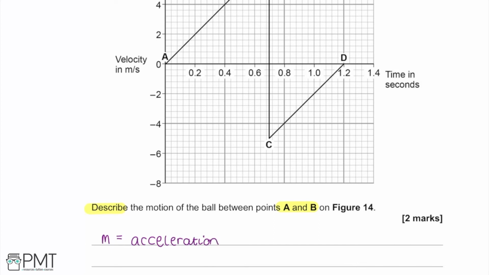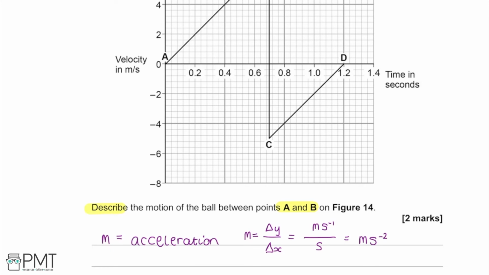And if we didn't know this already, we could work this out because the gradient of a graph is equal to the change in the y-axis over the change in the x-axis. The y-axis is velocity, which is measured in meters per second, and we're dividing it by the x-axis, which is time in seconds. That's going to give us a gradient which has units of meters per second squared, which is the unit for acceleration.